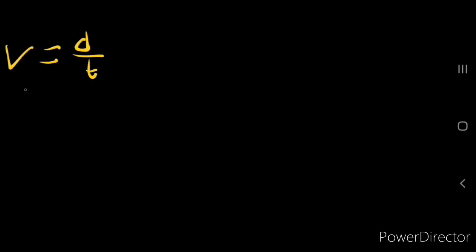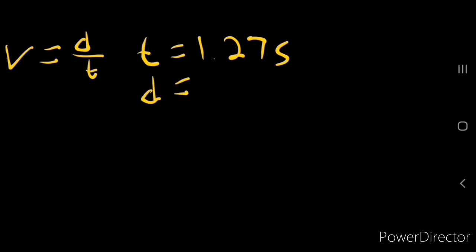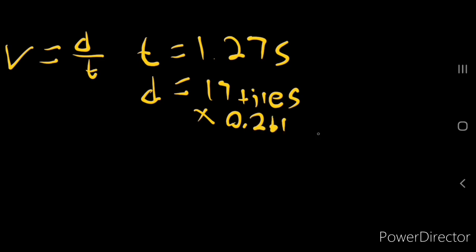Now, I did velocity equals distance over time as my first equation, and time is equal to 1.27 seconds from the second the ball released from his hand to the second it hit his face, and the distance from triangle to triangle is 17 tiles.